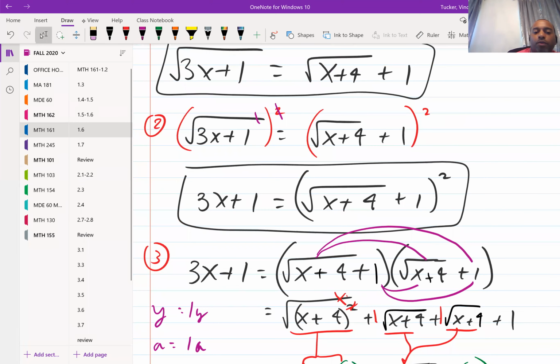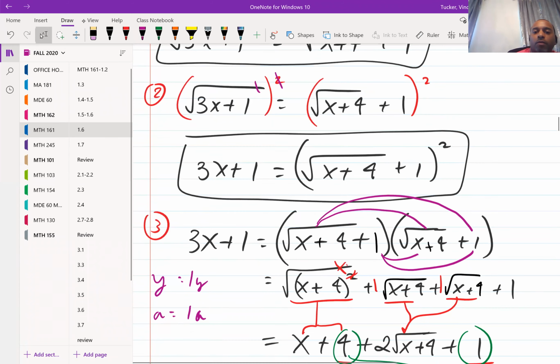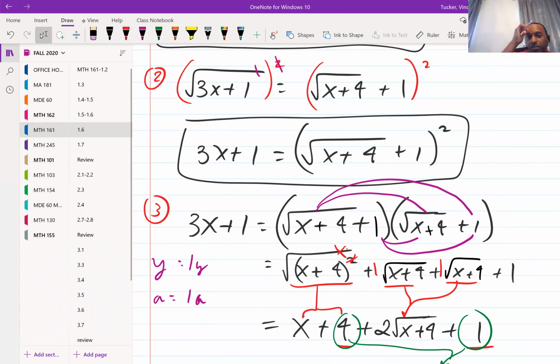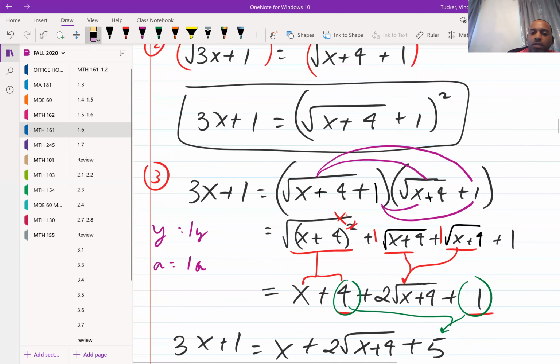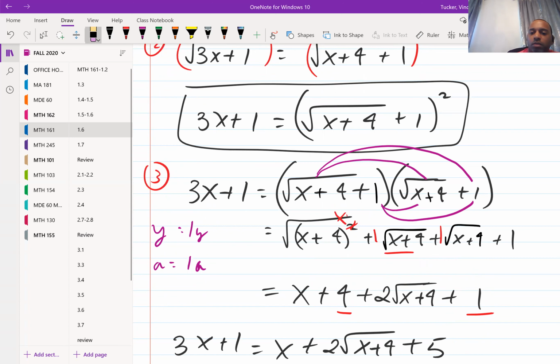So just like before, we're going to FOIL this out. So let me erase some of this stuff. All right, so first thing we're going to do is FOIL.